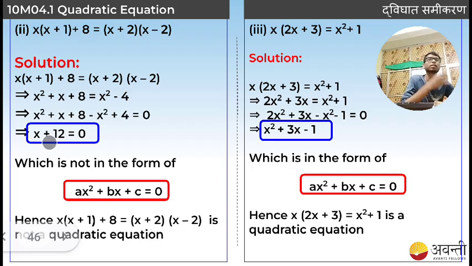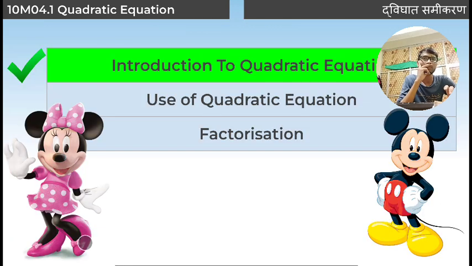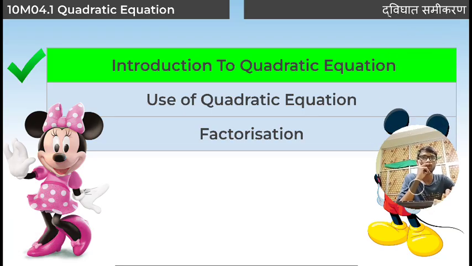After simplifying, here we don't have x square. That's why. Here we have this in this form. Then we will say that yes, the given polynomial should be a quadratic equation. Now this is done. Next, use of quadratic equations.